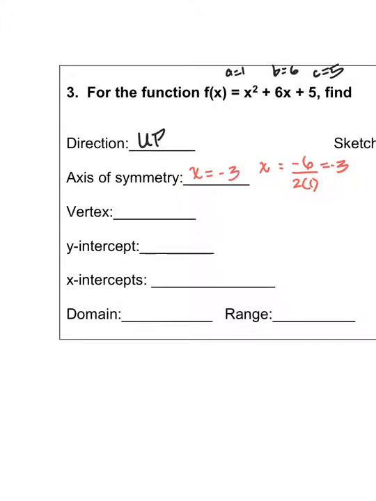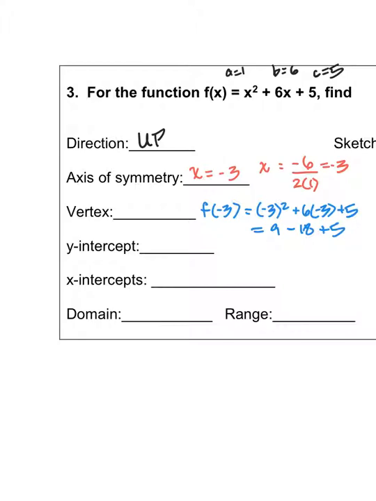My vertex is going to be on that axis of symmetry. So I'm going to find f of negative 3, which is equal to negative 3 squared plus 6 times negative 3 plus 5. And so that's going to be 9 minus 18 plus 5. So that's going to be negative 4.